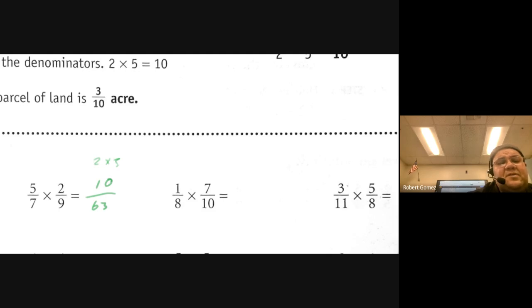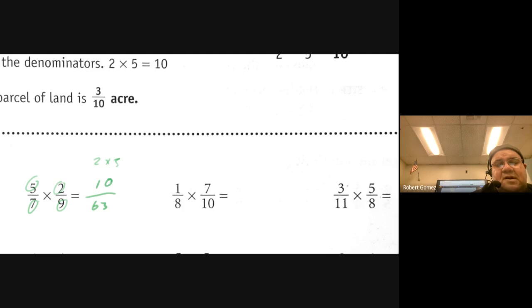And then 63, that's of course 7 and 9. The nice thing is that you can see your factors right here. Your factors are already here in the problem, right? So that might help you out a little bit.